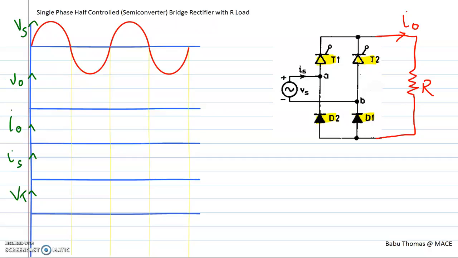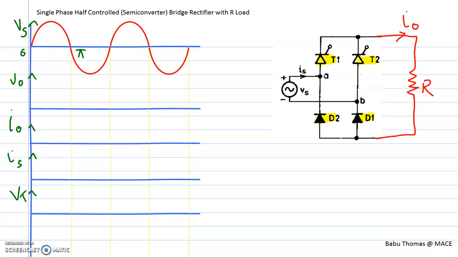During the positive half cycle from 0 to pi, the thyristor T1 and the diode D1 are both forward biased, and the other two are reverse biased. Even though the diode D1 can conduct at any time between 0 and pi, the total conduction current path is taken through the thyristor T1. So T1 has to be gated or triggered on in order to take the conduction from the source to the load through the devices T1 and D1.